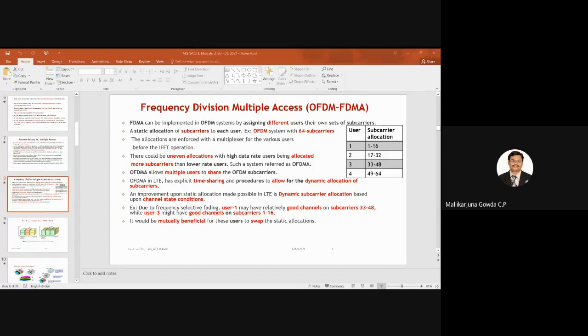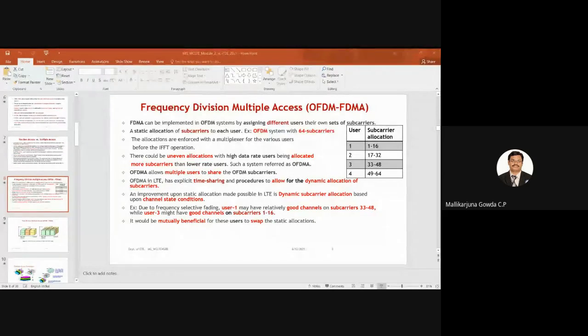And user 3 might have good channels on subcarriers 1 to 16. So by swapping between user 1 and user 3, we will be able to achieve better utilization of these subcarriers. Hope I made you understand what dynamic subcarrier allocation is, based on the channel state condition.